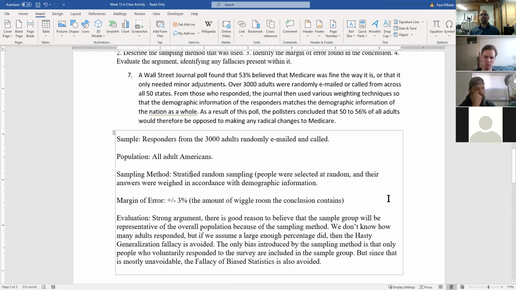All right, so our margin of error in this case is plus or minus 3%. The exact prediction would be 53%. That's what it was in the sample group. But rather than saying exactly 53% of adults, our pollsters gave themselves a little bit of wiggle room, plus or minus 3% as their margin of error.